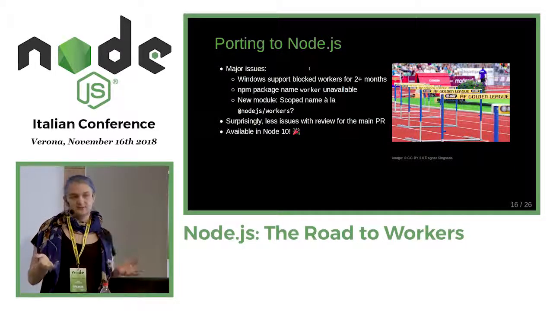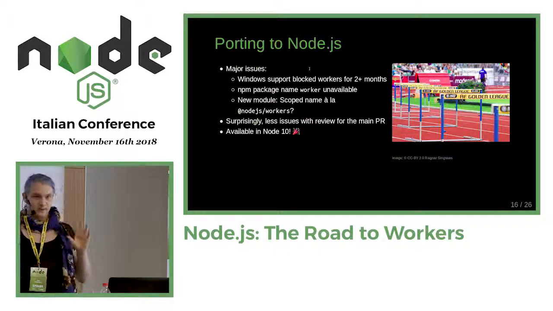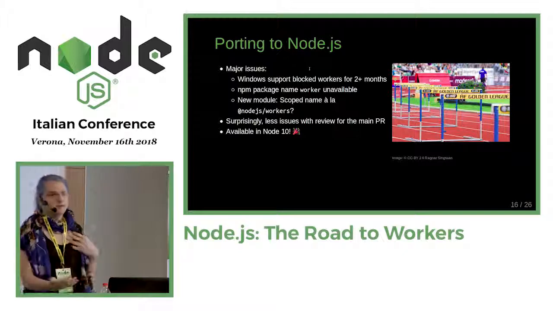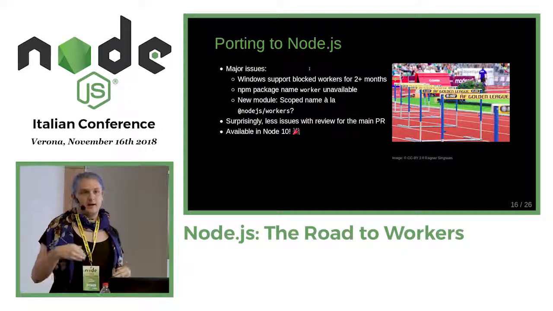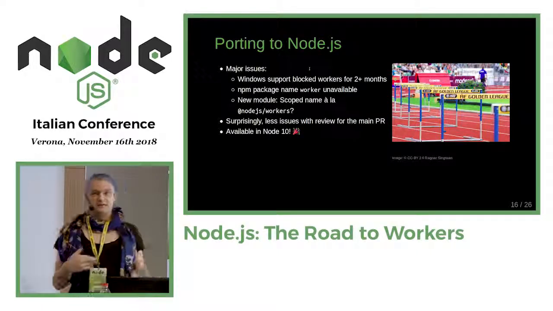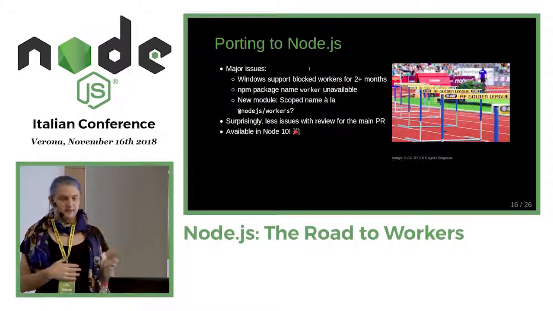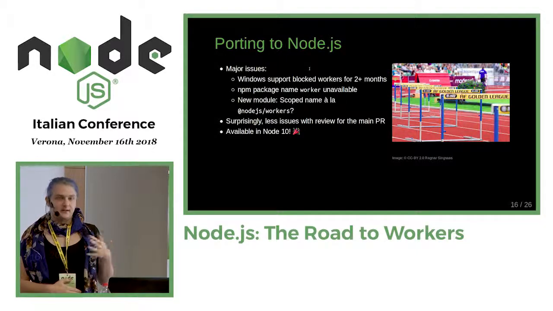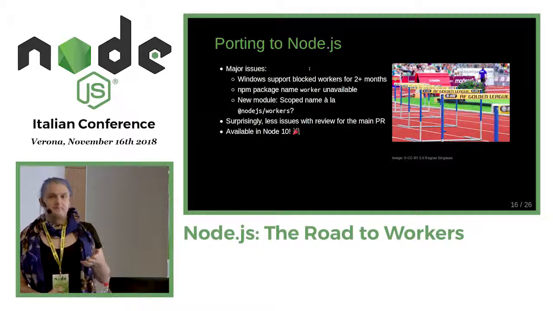It's not our first choice. We wanted to get something like worker or workers, but when we introduce a new module into Node Core, there's a good chance that the name we want is already taken on npm. For example, when we introduced HTTP2, there was already a pretty popular HTTP2 module on npm.